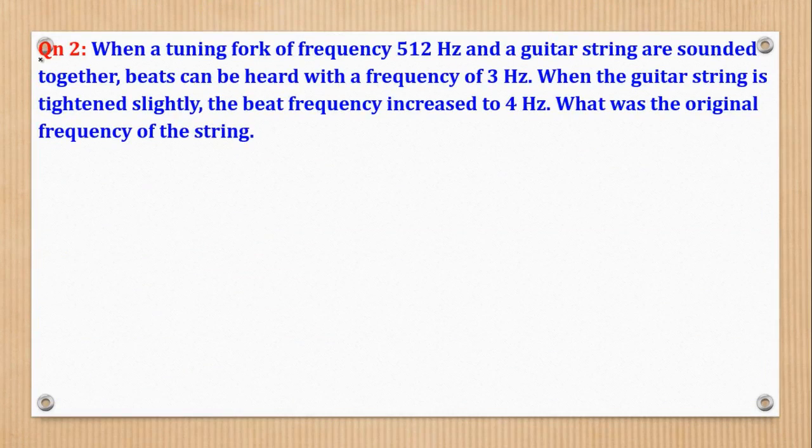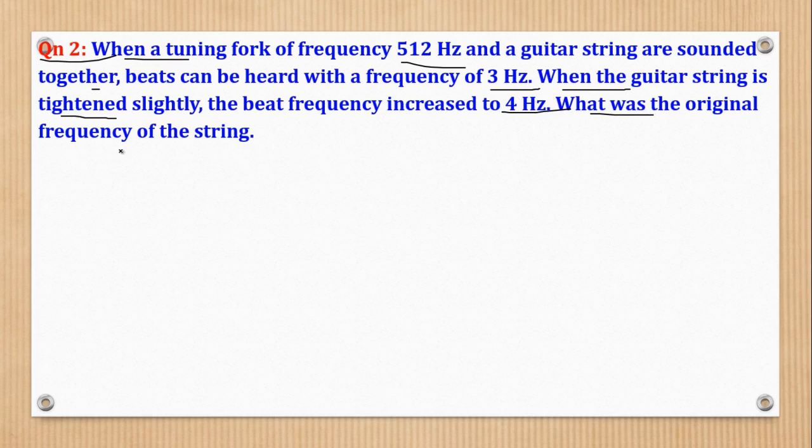Okay, then question 2 came from UNEB. It says when a tuning fork of frequency this and a guitar string are sounded together, beats can be heard with a frequency of 3 Hz. When the guitar string is tightened slightly, the beats increased to 4 Hz.